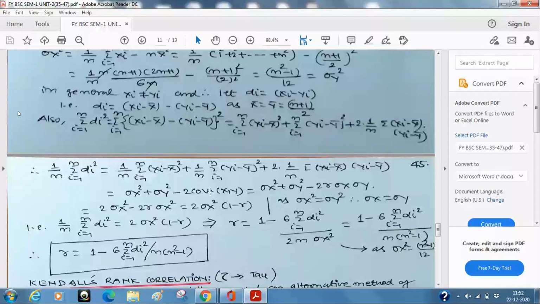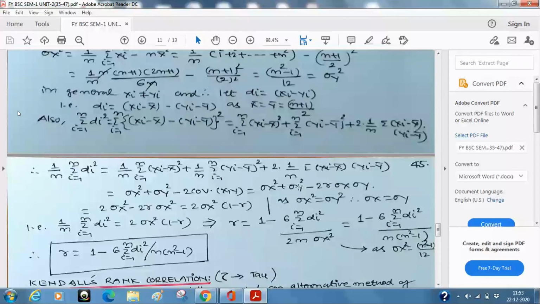Now we use the formula of correlation here, because you know that correlation was covariance upon under root variance of x into variance of y. So what will be the value of covariance? We cross multiply, so that will be simply r sigma x sigma y. So what I get is sigma x square plus sigma y square minus 2 times r sigma x sigma y.